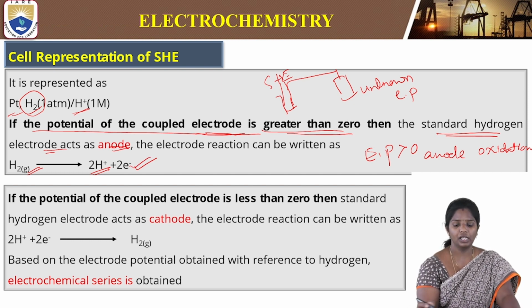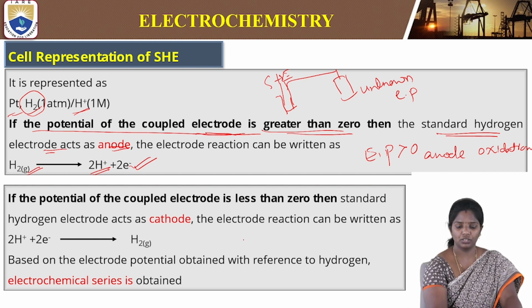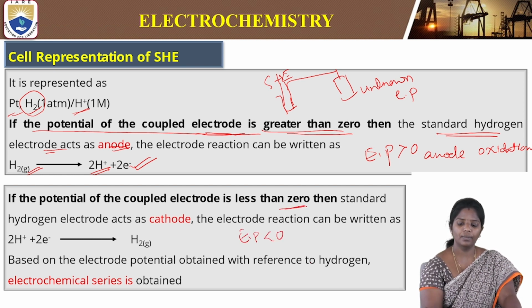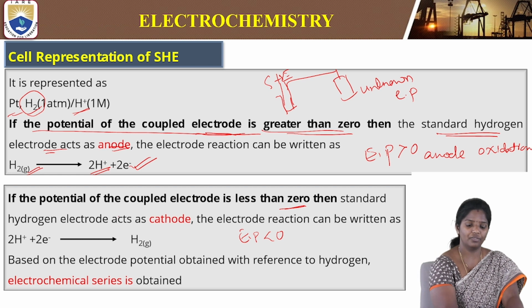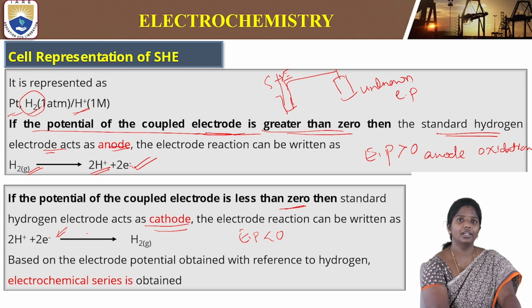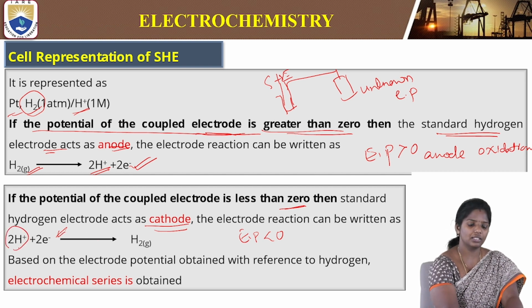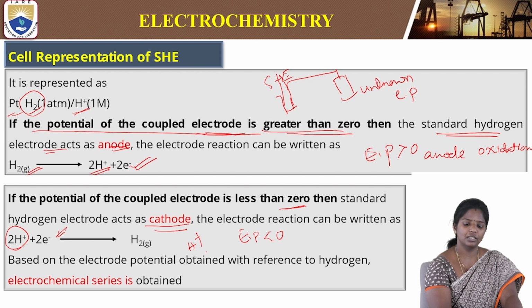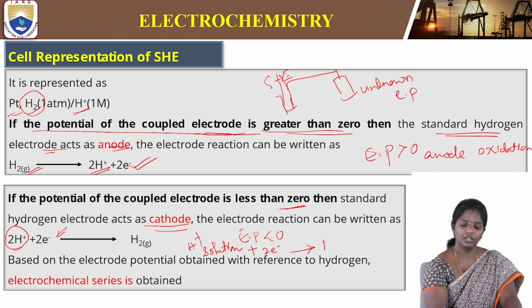And what happens if the unknown electrode potential is less than 0? Then the standard hydrogen electrode will act as cathode. So the H+ ions present in the solution will take up 2 electrons and give hydrogen gas.